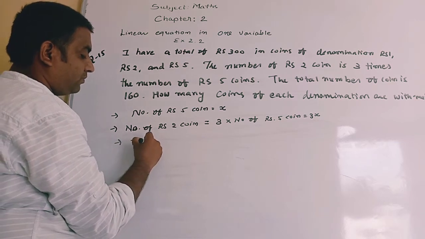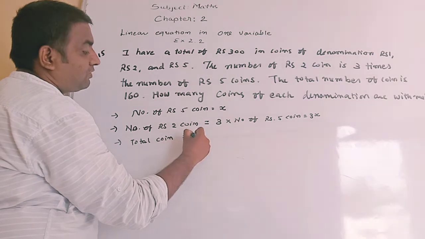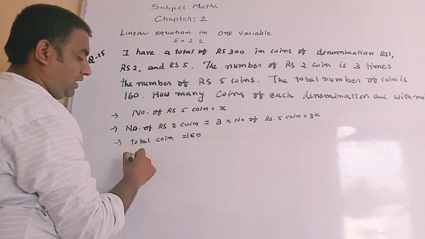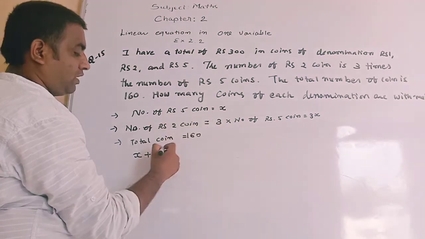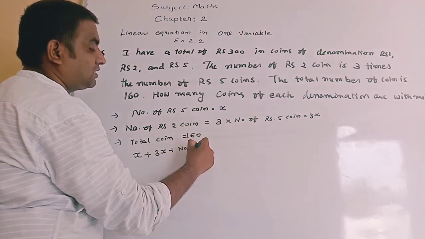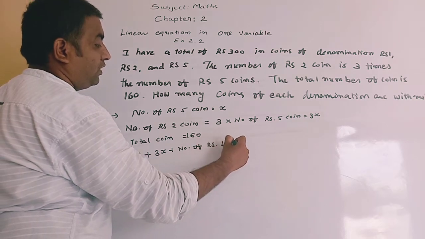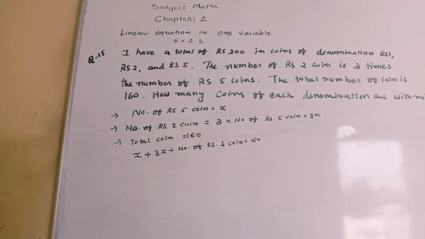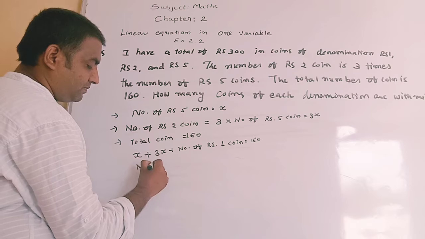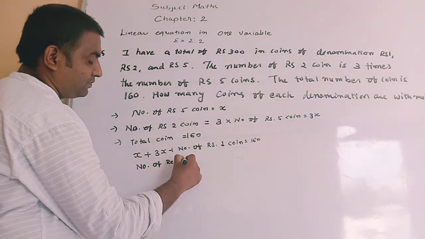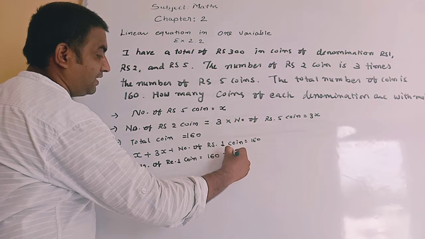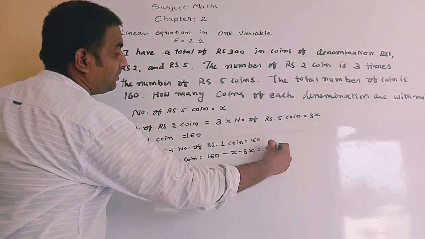So x plus 3x plus the number of rupees 1 coins equals 160. And so the number of rupees 1 coins equals 160 minus x minus 3x, so 160 minus 4x.